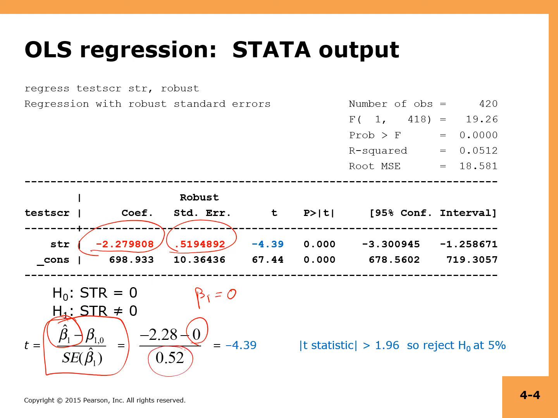So when you calculate this test statistic, you get negative 4.39, which the data output also shows.